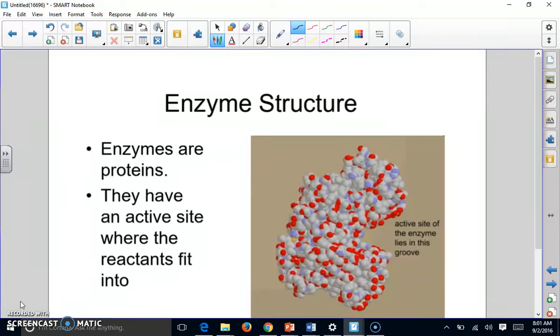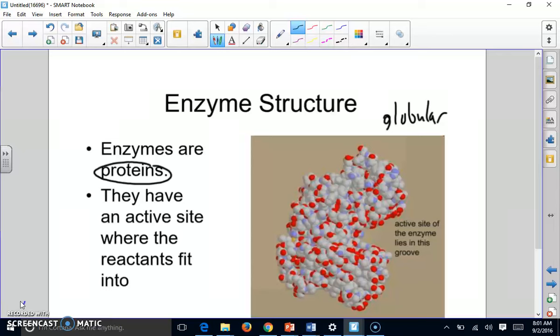So, in terms of enzyme structure, or how the structure of enzymes helps them perform these reactions: enzymes are proteins, and like we said before, what makes it beneficial for proteins to be enzymes is that they form these globular, tough word to spell, globular 3D shapes.